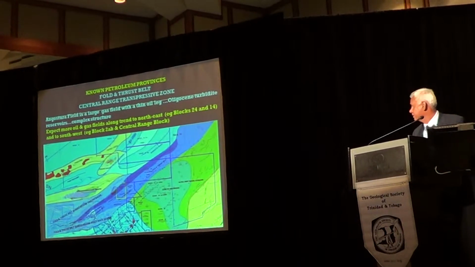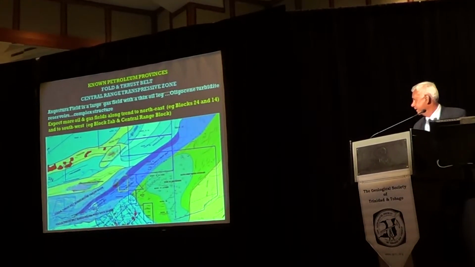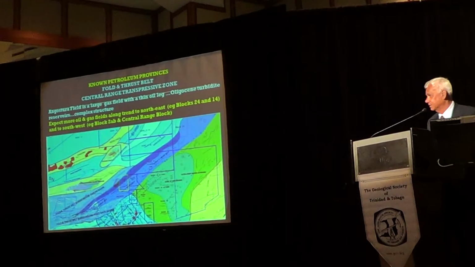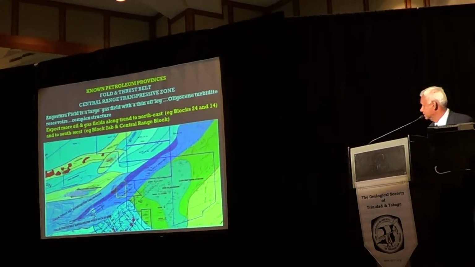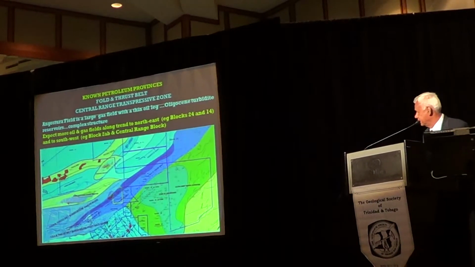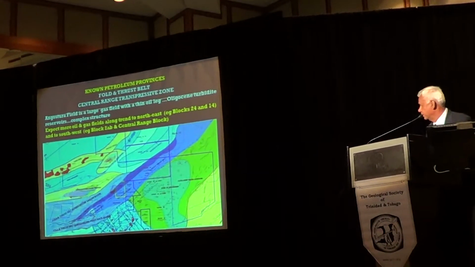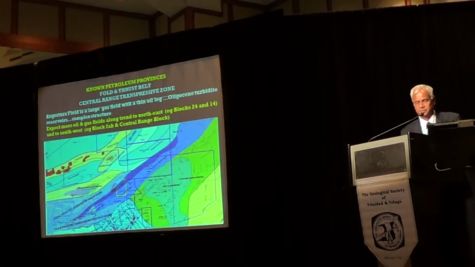So I would expect, and I think Jim was saying something similar this morning, we will be seeing sands of lower Oligocene in the area to the northeast and to the southwest onshore.